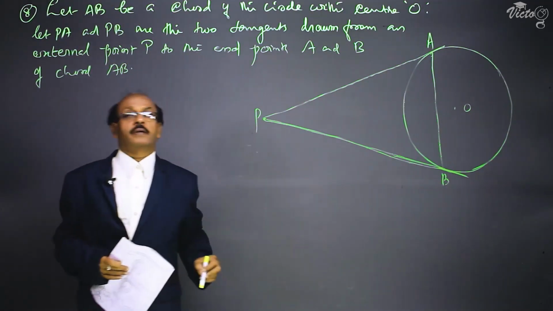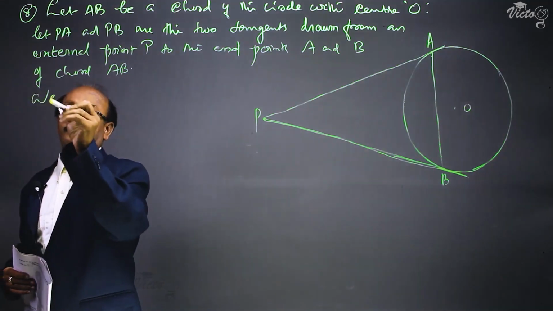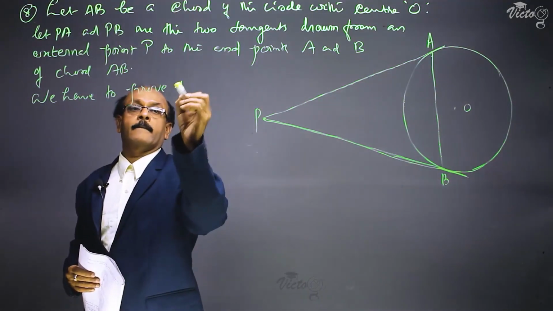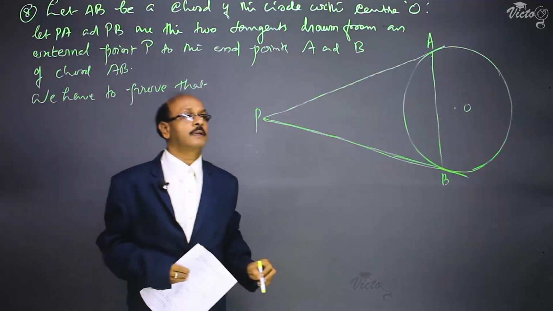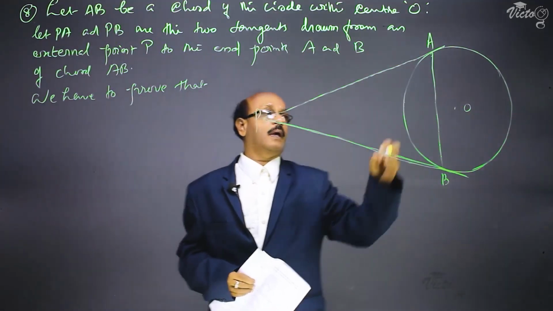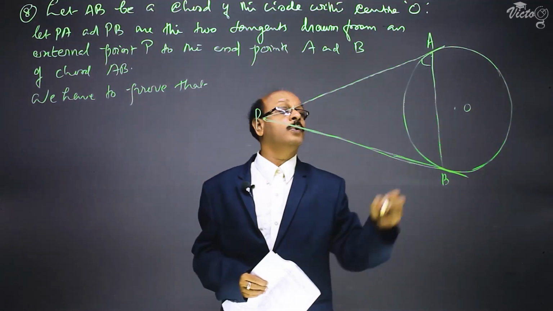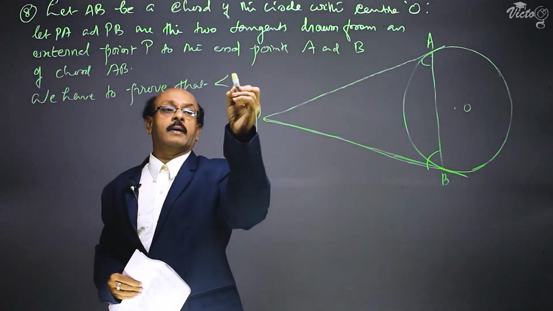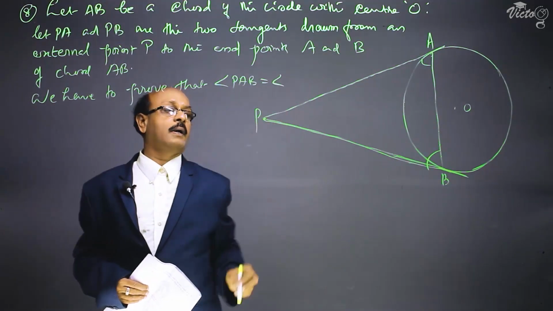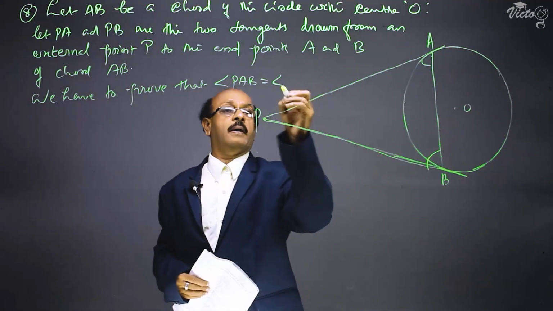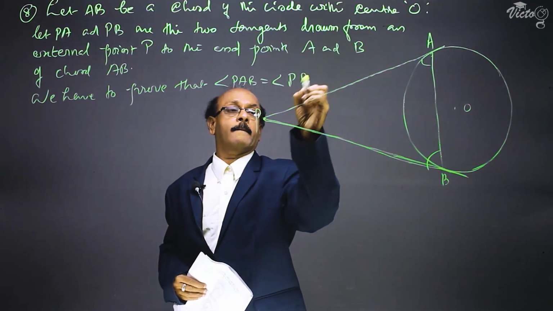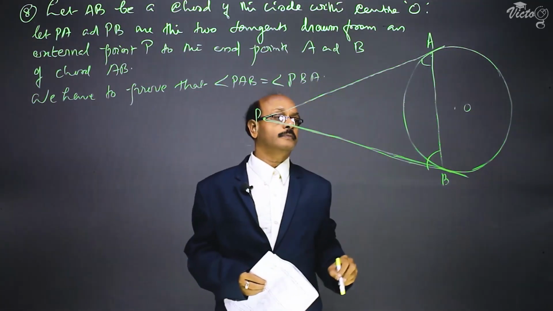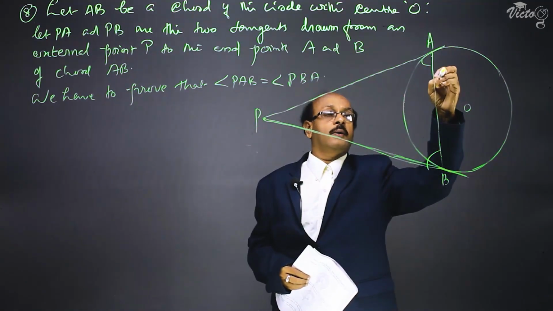We have to prove that angle PAB is equal to angle PBA. For that, we can join OA and OB.